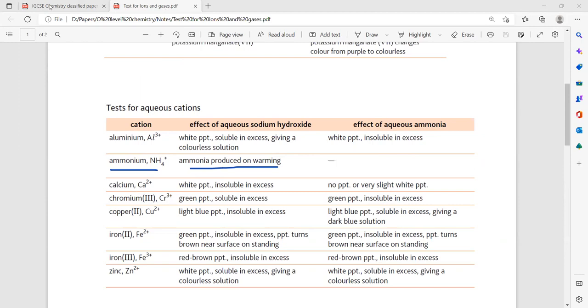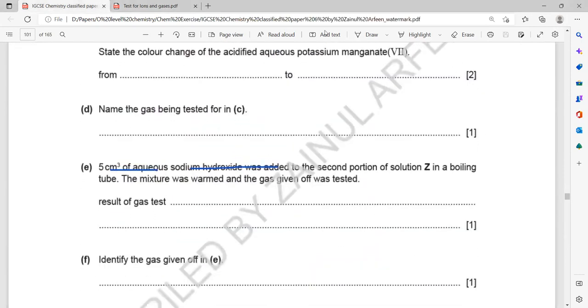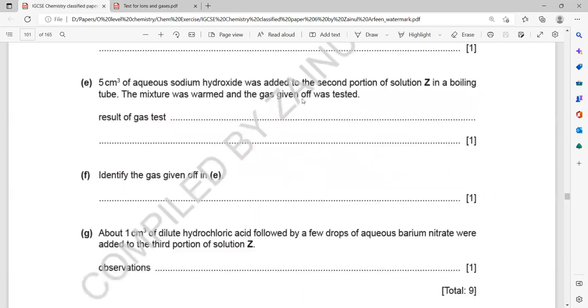So the question is, when we add sodium hydroxide to the second portion of solution Z, the mixture was warmed and a gas was tested. Whenever an ammonium ion is there and we add sodium hydroxide and heat, it will produce ammonia, NH3. How do we test ammonia?